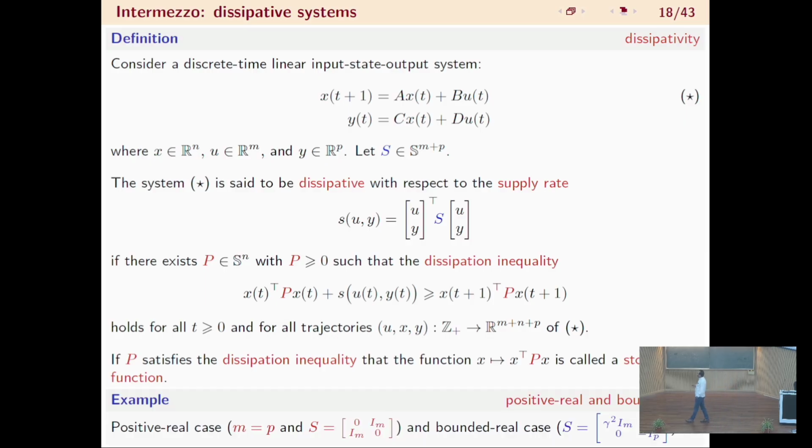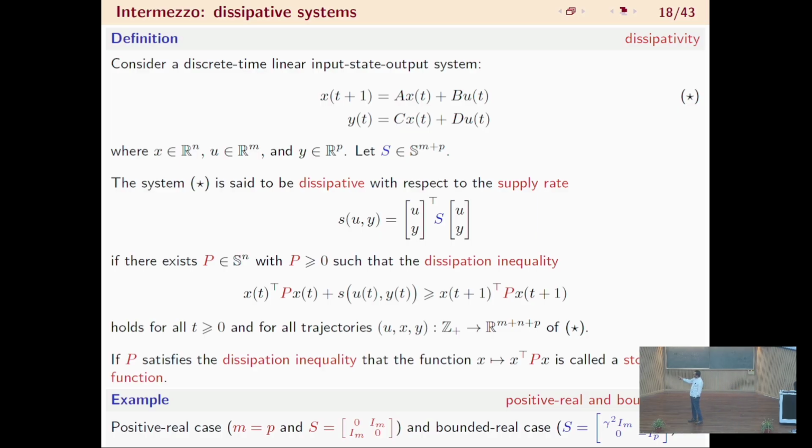And two very important examples of dissipative systems are given by this choice of supply rates. And the first choice says that S(u,y) is equal to u transpose y, like in circuits. If u and y are voltages and currents, for instance, then this is the power u times y.